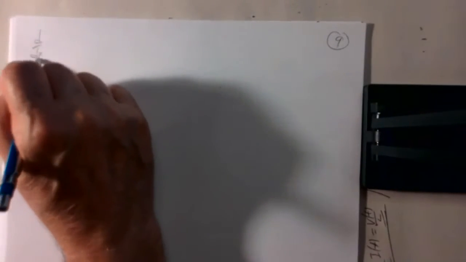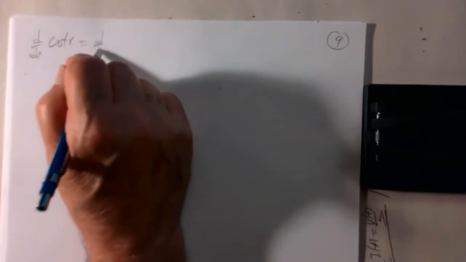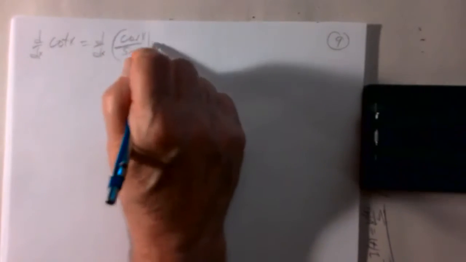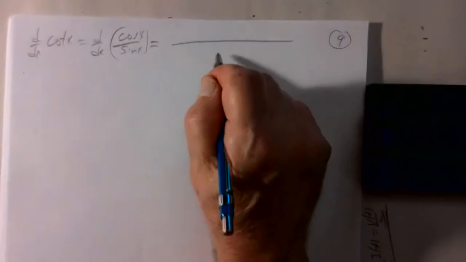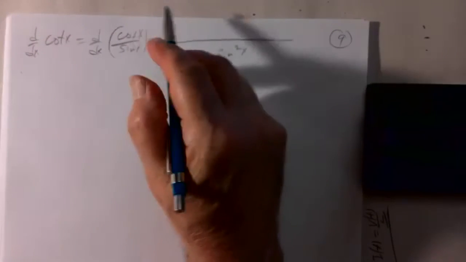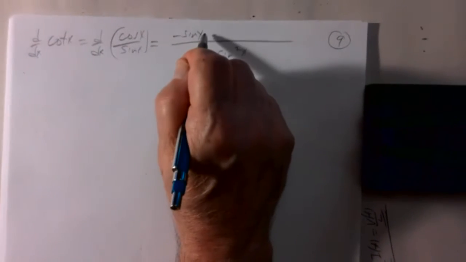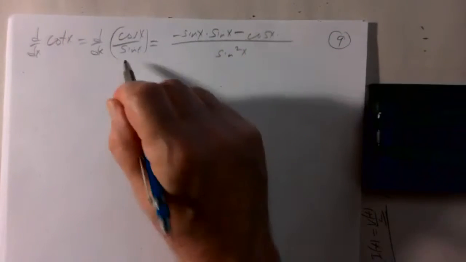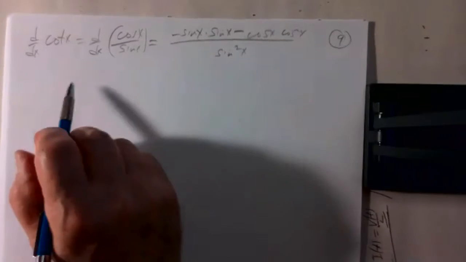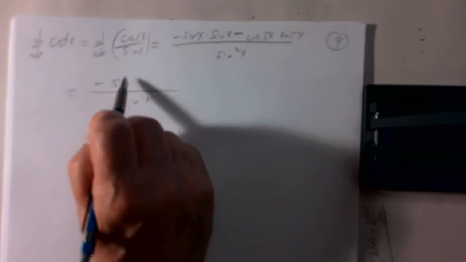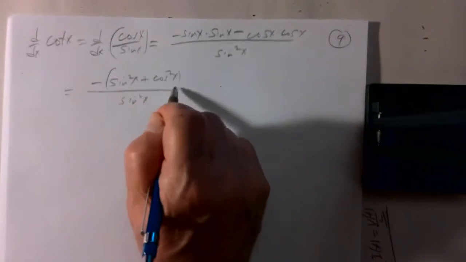So the derivative of the cotangent of x, cotangent is cosine over sine. This is a quotient rule problem. You get sine squared x in the denominator. In the numerator, derivative of the cosine, which is minus the sine, times the denominator, minus the numerator, times the derivative of the denominator. So what we get is sine squared x minus sine squared x minus cosine squared x, which is minus sine squared plus cosine squared x.